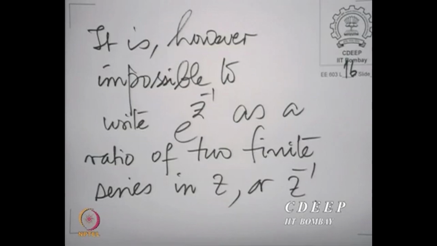And concomitant with that is also that if this happened to be the system function of some LSI system, which it can be, nothing stops it from being the system function of an LSI system, that system is not realizable. That means there is no finite hardware, or at least no known, at least today, there is no known finite hardware or software structure which can realize this system.